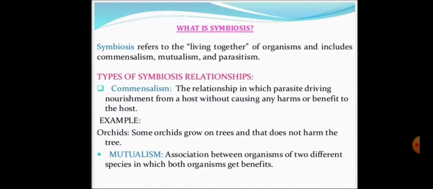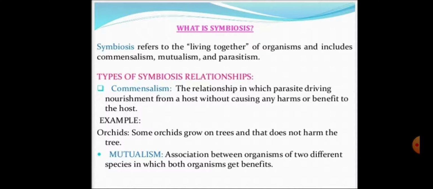So we can define this symbiosis in different ways. First is commensalism, the relationship in which parasites derive nourishment from a host without causing any harm or benefit to the host.